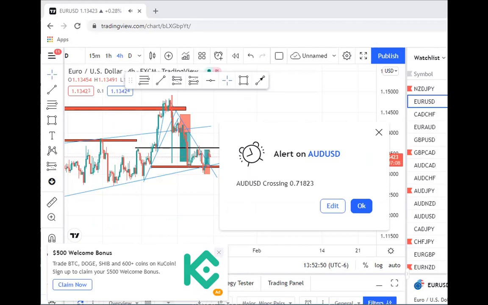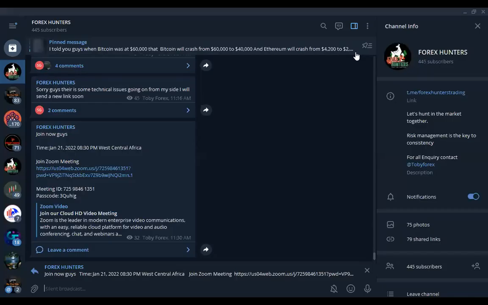Let me share my screen. Okay, I hope you guys can see the Telegram now. I don't know who is making that sound, but if it's you, kindly turn it off. Thank you.